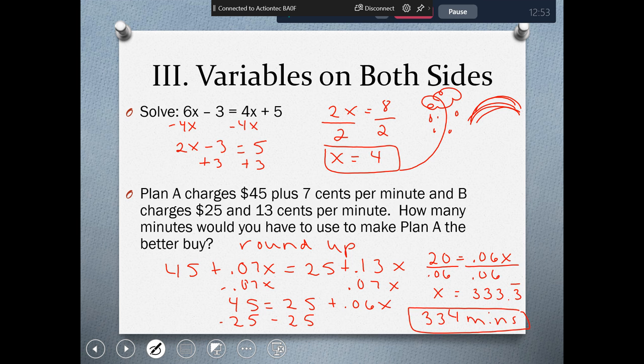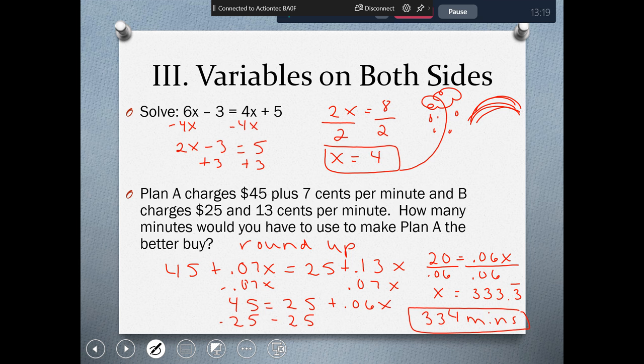So remember that these type of problems, you need to have whole numbers. So if we were talking about ice cream scoops, and we were trying to figure out how many ice cream scoops company A needs to sell to be better than company B, then we need to round up to 334 ice cream scoops. And it says 333.3333. Does that make sense?